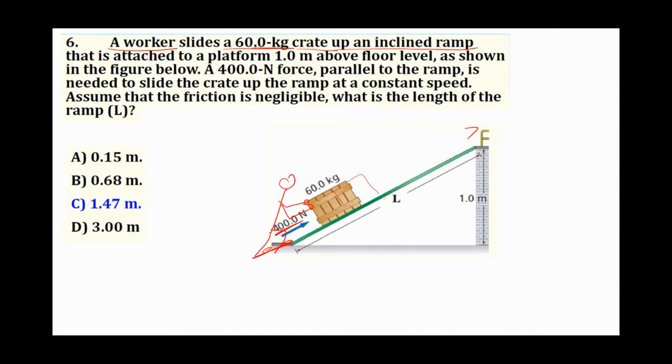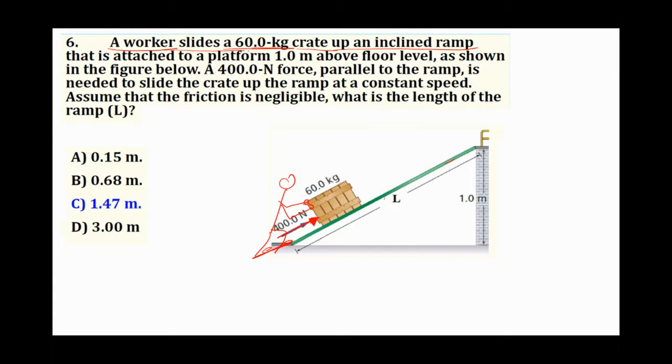So this guy will push the box, and he will move with the box until he reaches the top of this platform. So he applies a 400 Newton force parallel to the ramp. What is the meaning of parallel? Parallel, okay?